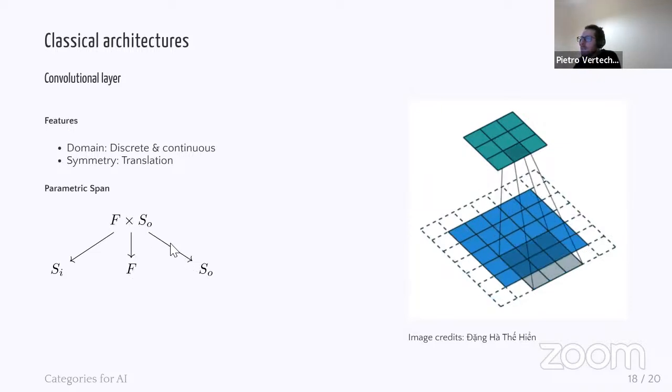And of course, these maps here on the right are just the projections. And this map on the left is actually the interesting one that tells me how to combine, from a pixel in the output and a point in the filter, what is the corresponding pixel in the input. And this is basically the map where the hyperparameters of the convolutional layer live.